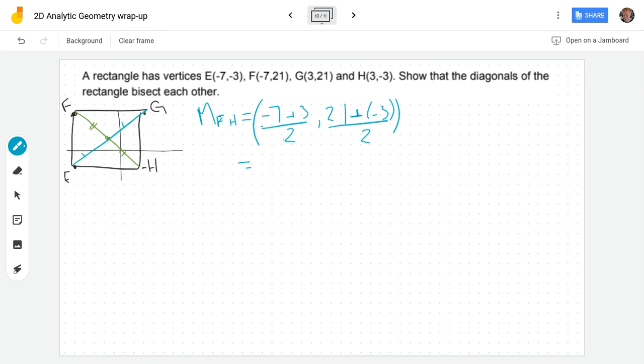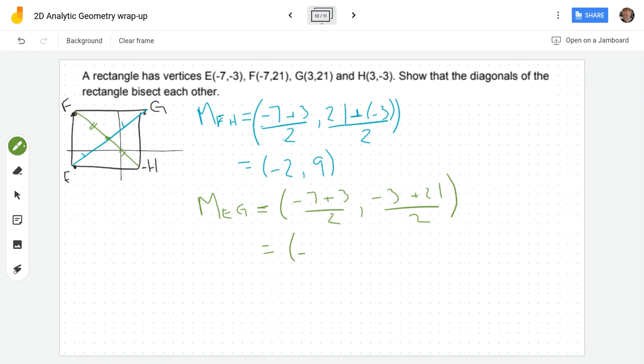-7 plus 3 is -4, divided by 2 is -2. 21 minus 3 is 18, divided by 2 is 9. So the midpoint of FH is at (-2, 9). Now we'll check and see if it's the same midpoint for EG or not. E and G: -7 plus 3 over 2, that's looking familiar, and -3 plus 21 over 2, also looking familiar.